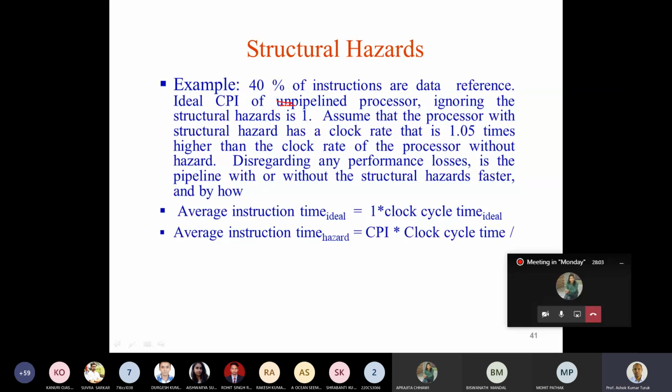The average instruction time of the processor with hazard should have been CPI times the clock cycle time divided by 1.05, since clock cycle time and clock rate are inversely proportional. So it is (1 + 0.4 × 1) times the ideal clock cycle time divided by 1.05, and this comes out to be 1.3 times the ideal clock cycle time.